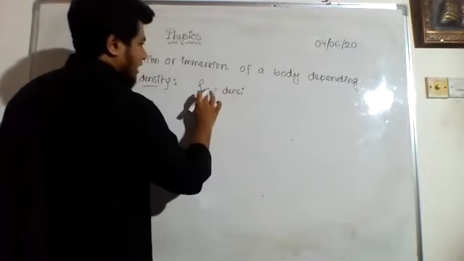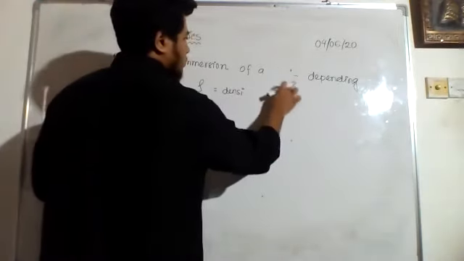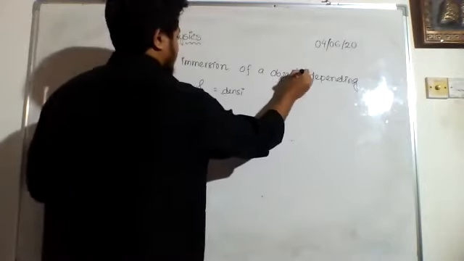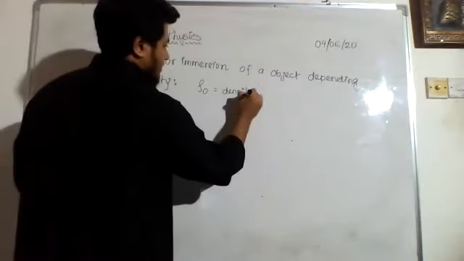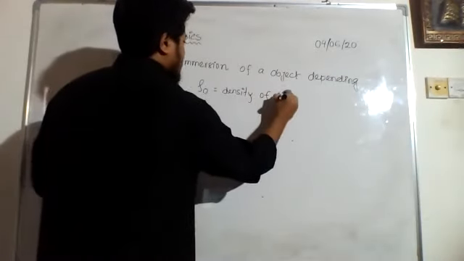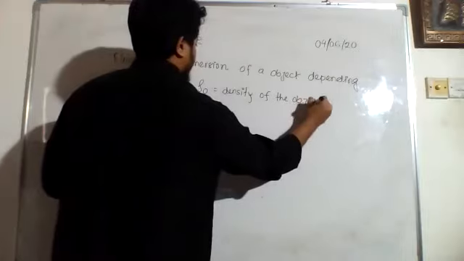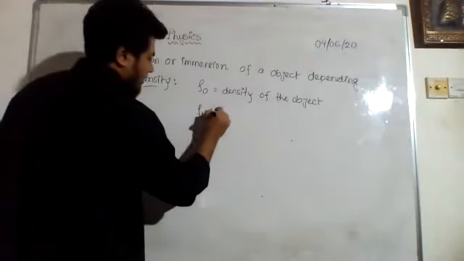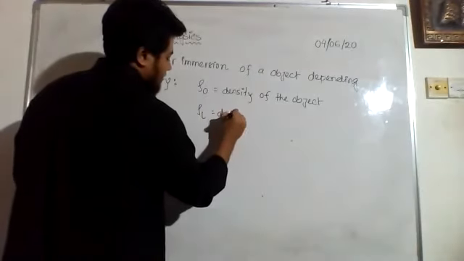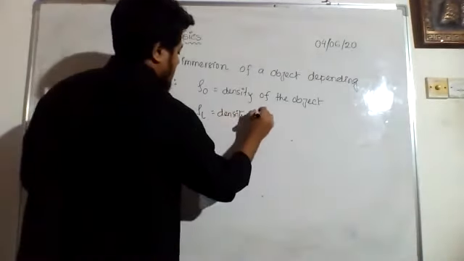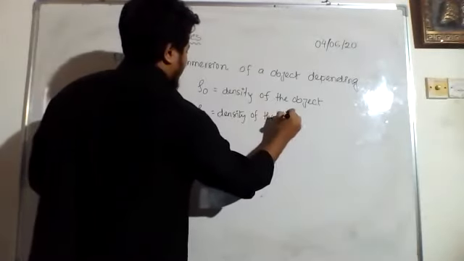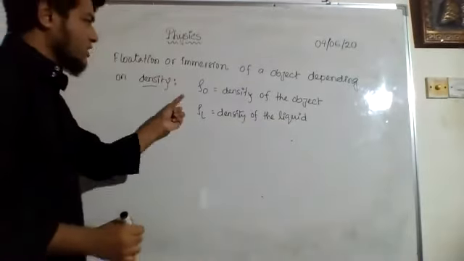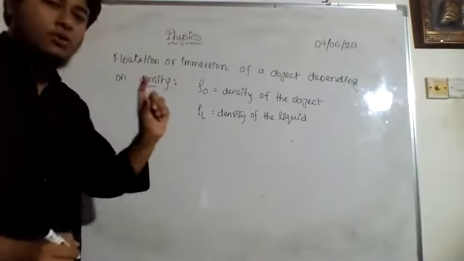Let me write rho o, we should use the word object instead of body, which is more appropriate in physics. So rho o is the density of the object, and rho L, where L is the liquid, is the density of the liquid. Now we will try to see when the object will sink or float.